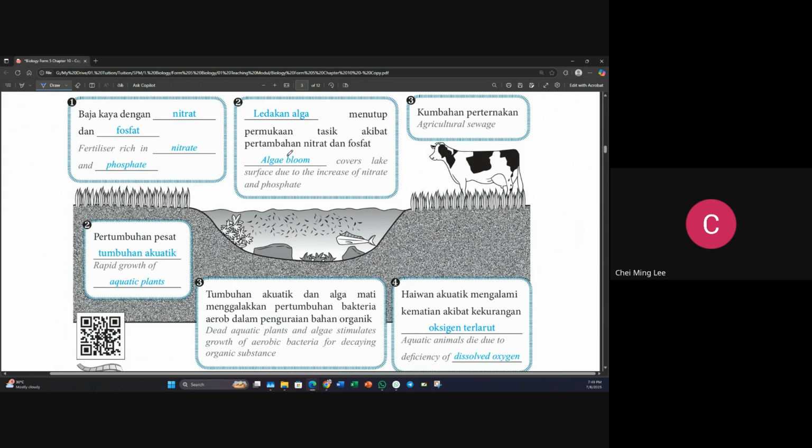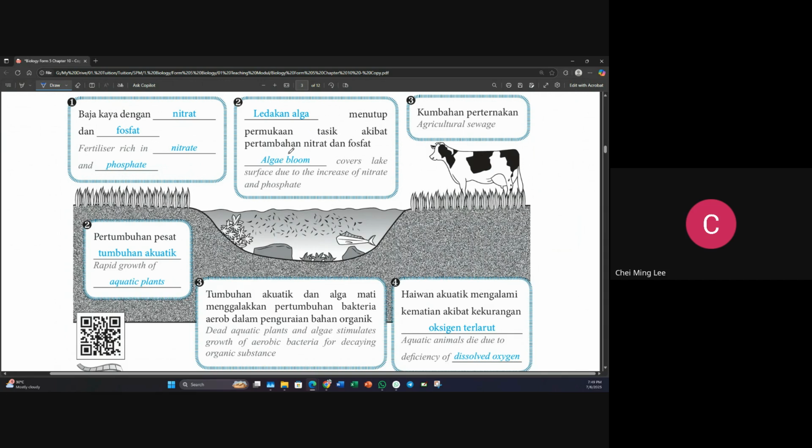So it will cause algae bloom, which covers the lake surface due to the increase of nitrate and phosphate. Okay, and also the agriculture sewage comes in as well. All are minerals and we call them fertilizer. So it will cause the rapid growth of aquatic plants.